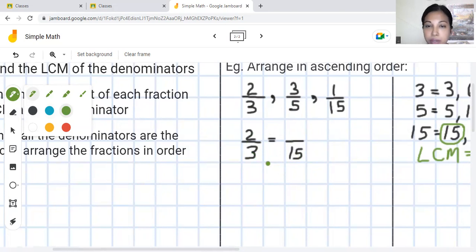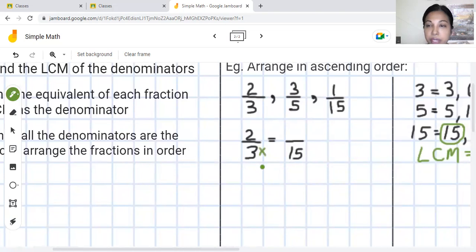So we're going to ask ourselves, 3, how can we get from 3 to 15? So 15 is larger than 3. So we can tell ourselves, you know what, we need to multiply. So 3 multiplied by what will give me 15? And if I know my tables, I know that 5 times 3 or 3 times 5 is 15.